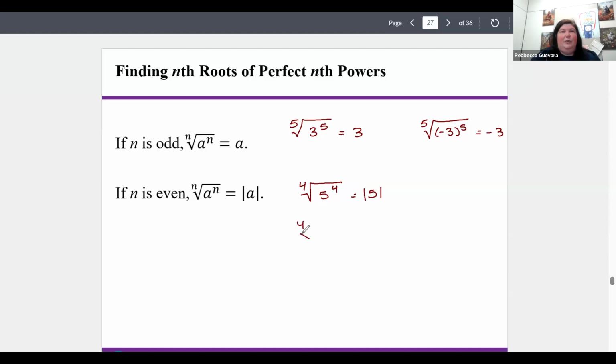And then once again, if I did the fourth root of -5 to the power of 4, what's going to happen is that -1 that's out from that 5 is going to be to the power of 4. That just turns into the fourth root of 5 to the power of 4, which once again would just give me that 5 back. So either way, what we should see back is just that 5.